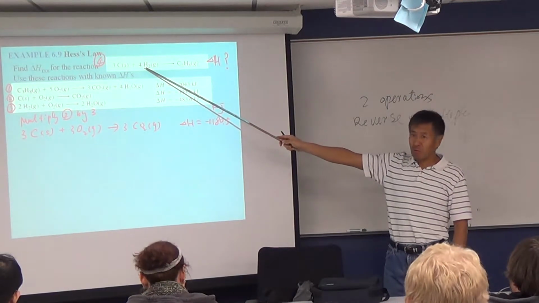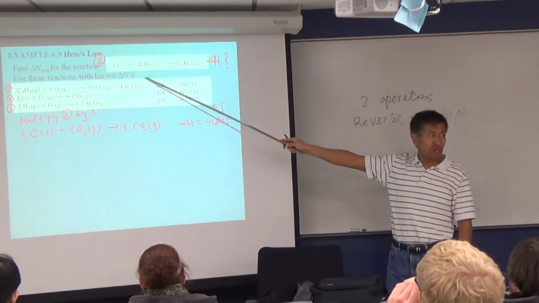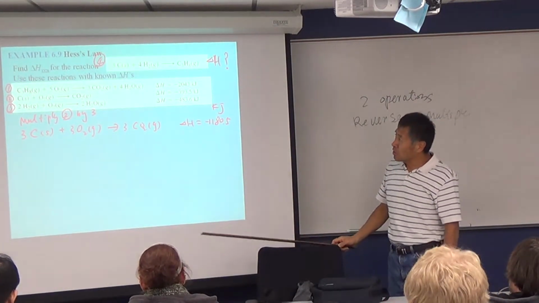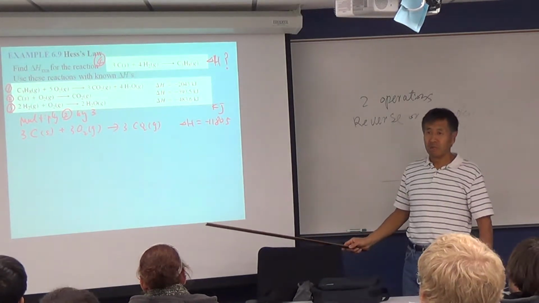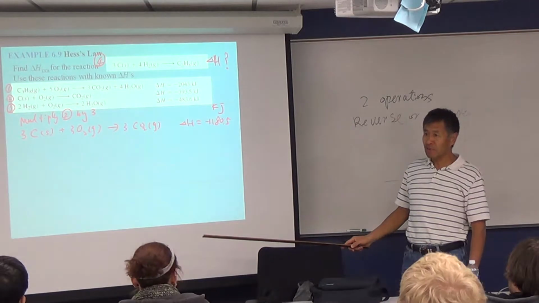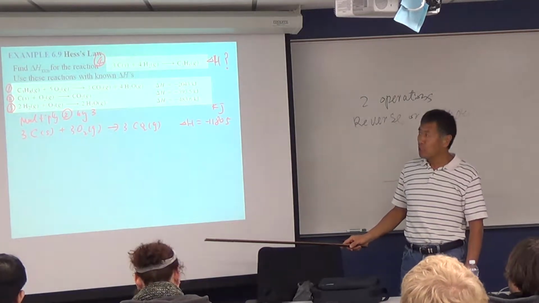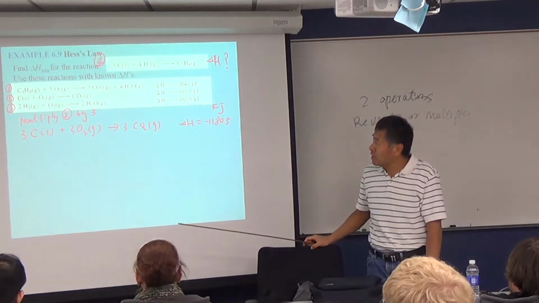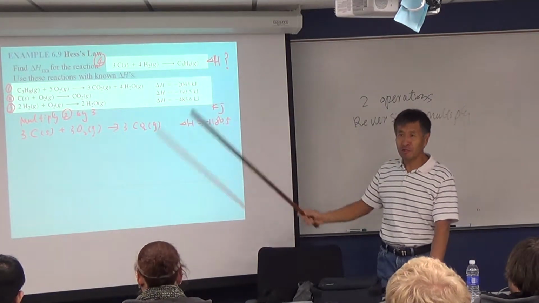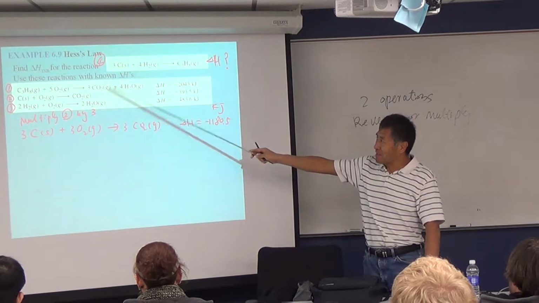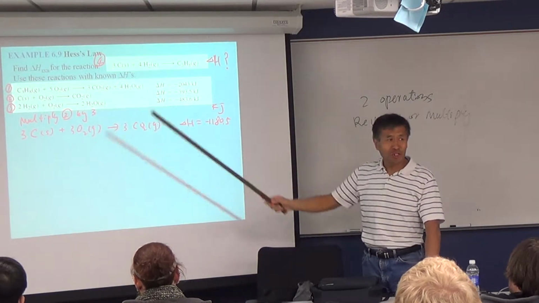Now the second one will be our H2 gas. Let's see which equation has the H2 gas. Number 3, the third one. Only the third one. Any other equations besides that one that have H2? Only number 3 gives us H2.